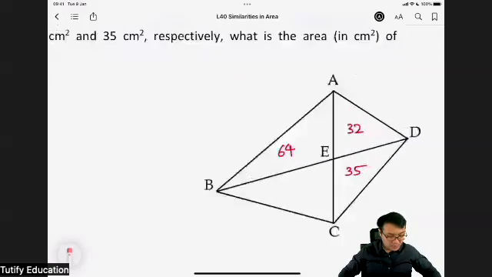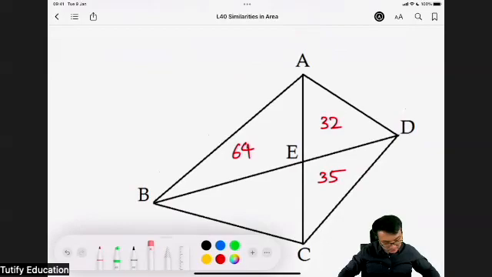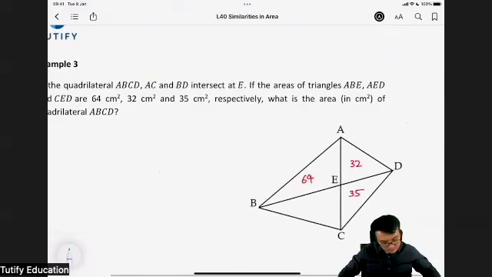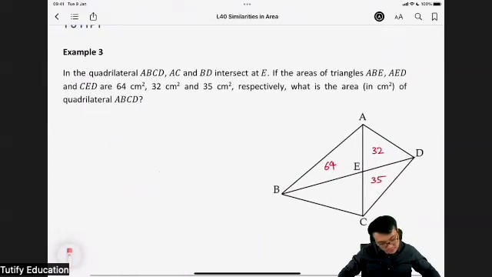Now we can look at 64 and 32. That is the area of triangle ABE. And we are comparing it with AED. 64, 32. The ratio is 2:1.